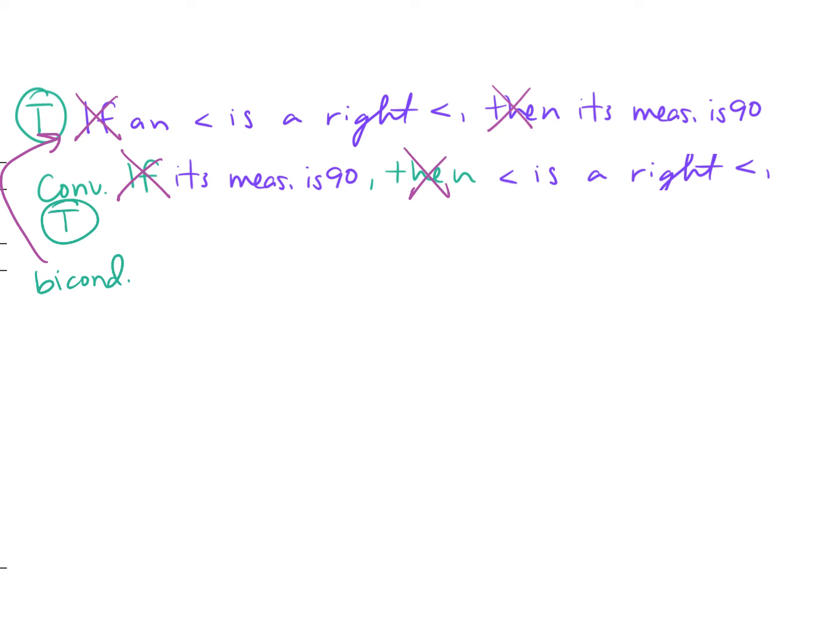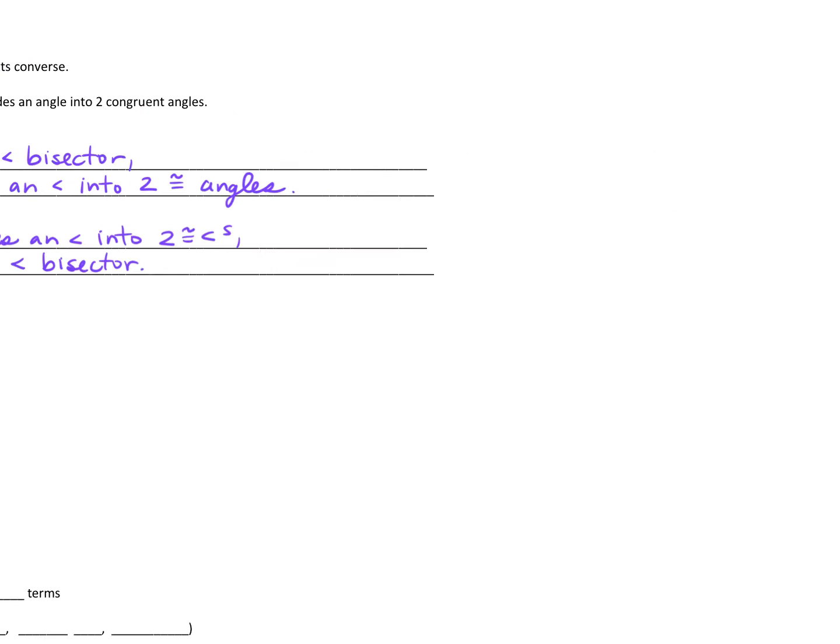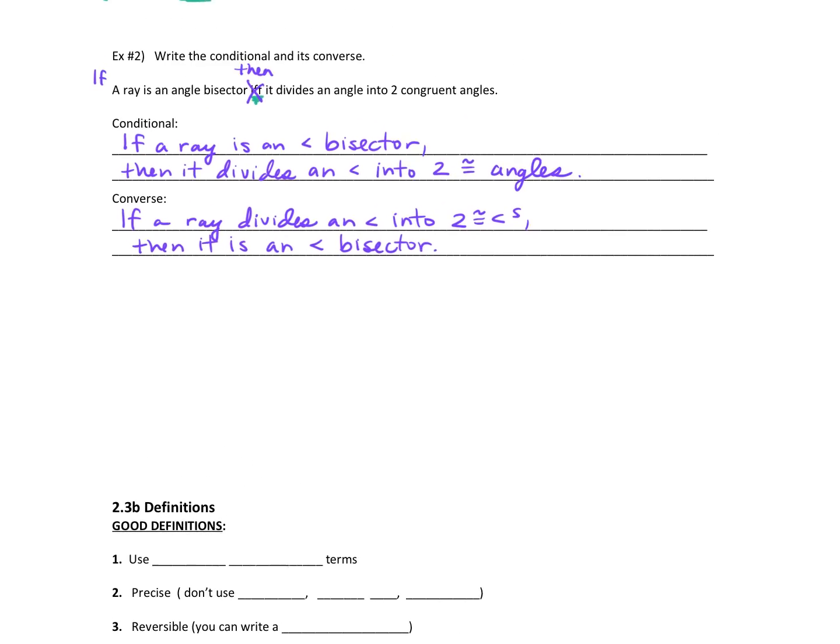It's not wrong if you use the converse, okay? So I'm going to say for my biconditional, an angle is a right angle if and only if its measure is 90. Does that make sense? Yes. So when is the only time you can write a biconditional? When the converse and conditional are both true. Okay?